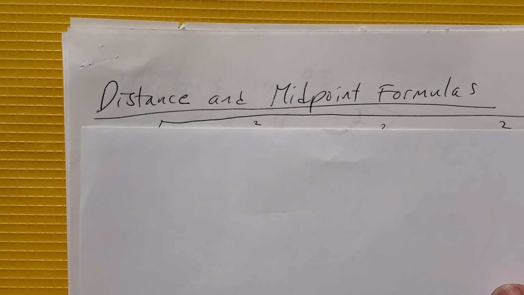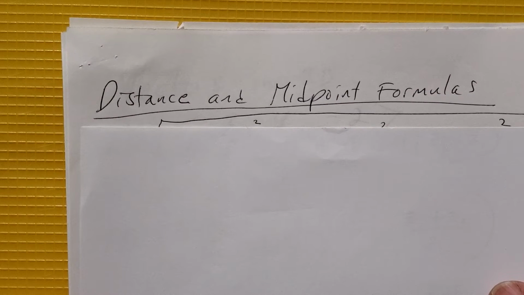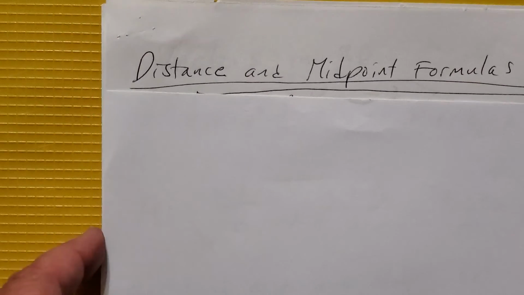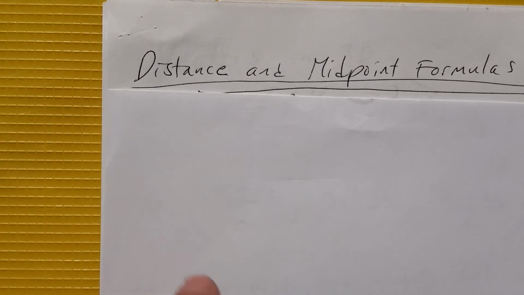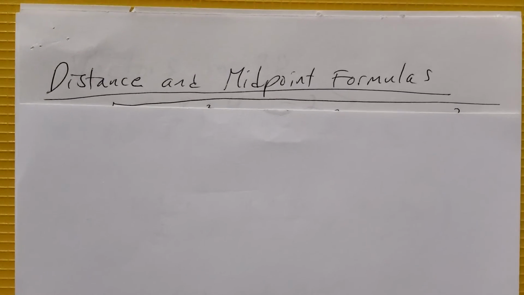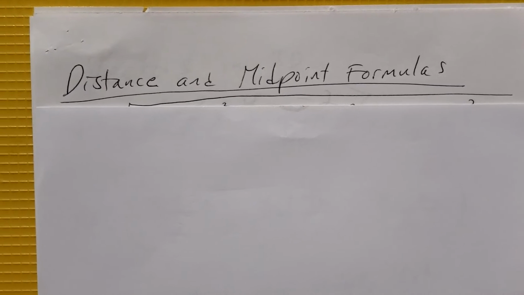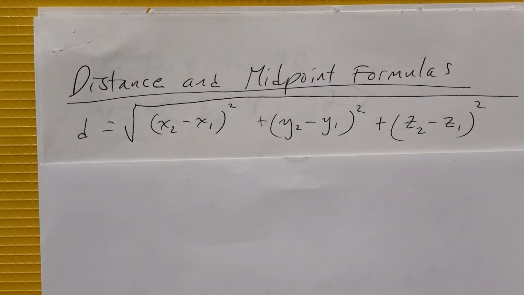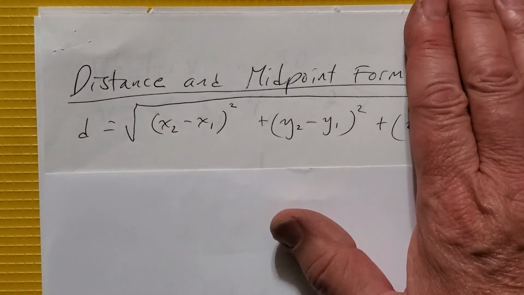Distance and midpoint formula. Good news. The good news is it's exactly the same as it was for xy for the two-dimensional, but now we just add the z coordinate, the third dimension. For example, remember the distance formula?